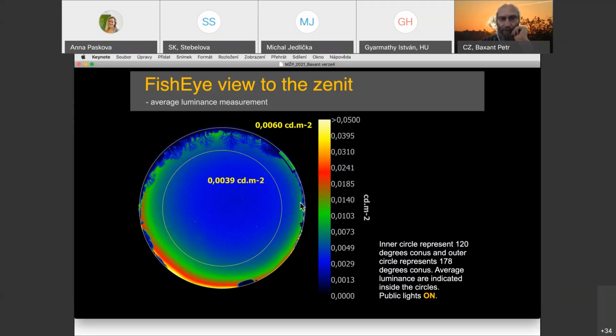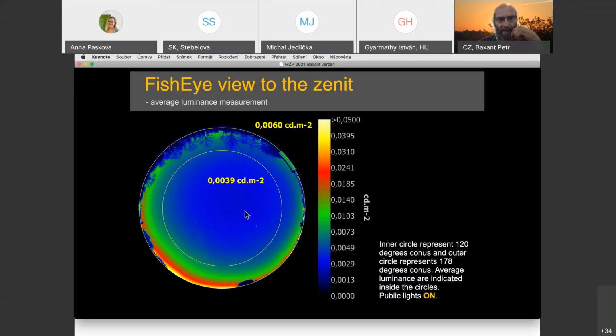Not the full 180, but 178 degrees, because the last one or two degrees make some errors around the boundaries. So in these circles we can count all the pixels, all the points, and make an average luminance in this spherical angle, which can be expressed by these numbers.